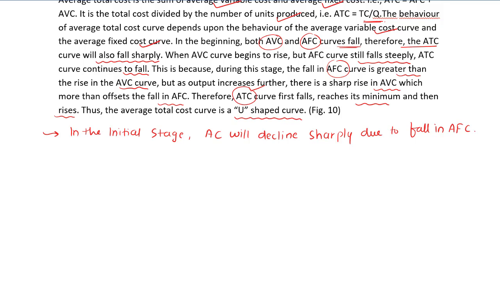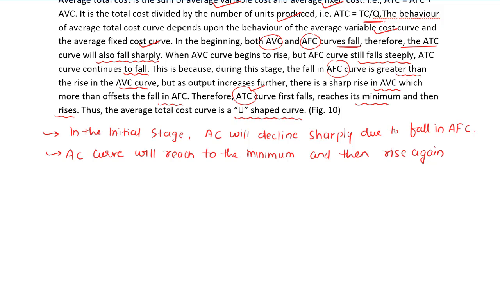The AC curve will reach the minimum and then rise again due to the increase in average variable cost, and obviously the AC curve is a U-shaped curve.